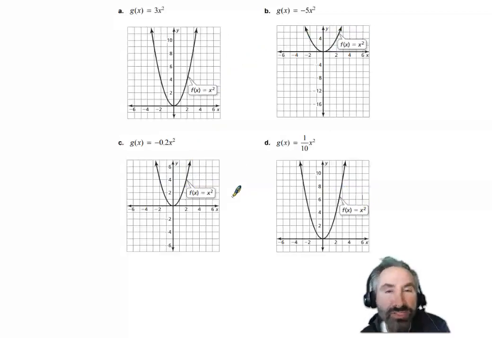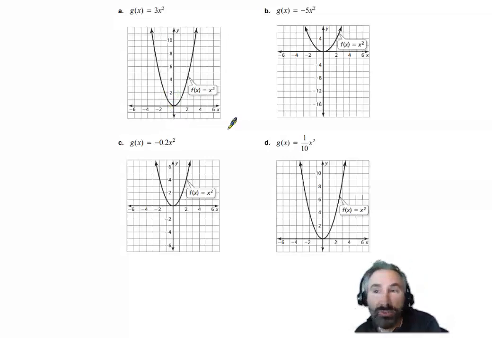The point of this exercise is for you to get a sense of how graphing y equals 3x squared and graphing y equals negative 0.2x squared are different than the graph of y equals x squared, and also how they're similar.